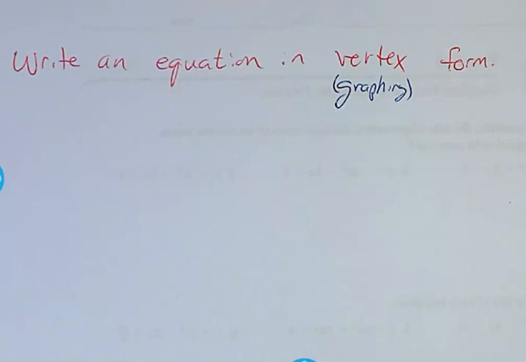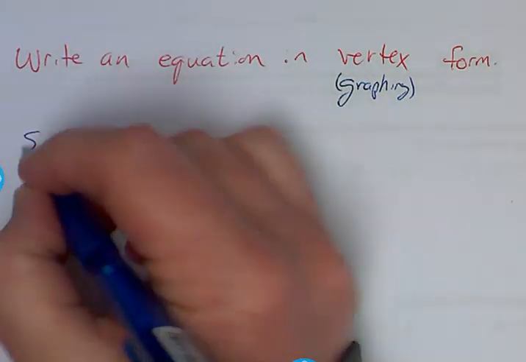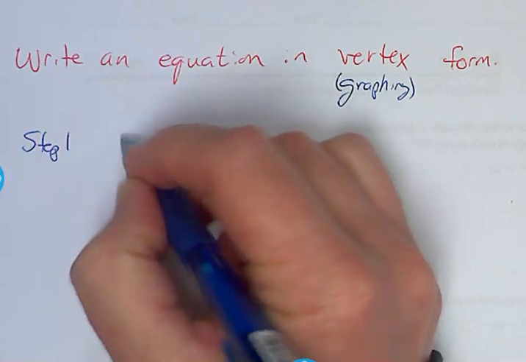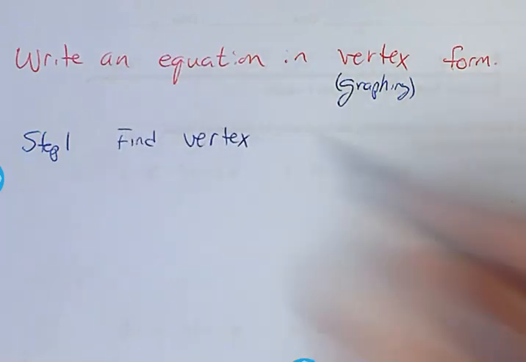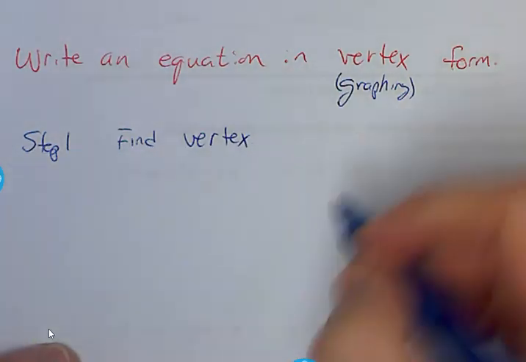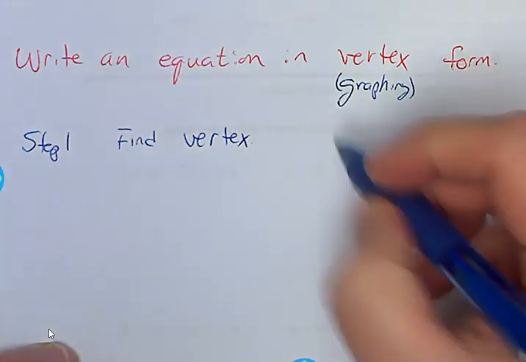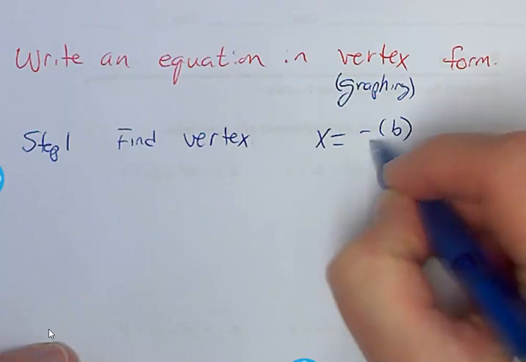Okay, and basically we're going to do like we were doing yesterday. The very first thing you're going to do is find the vertex. When you find the vertex, again, you're going to have to find out what the x value is when you do the negative b over 2a.